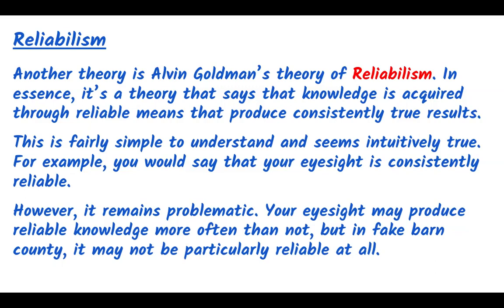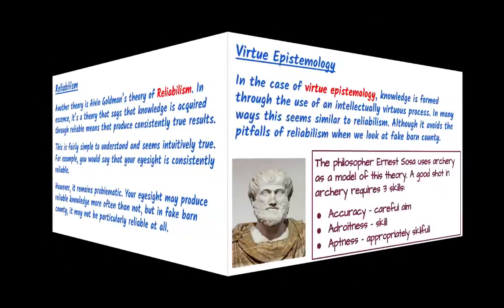You use your eyesight all the time. When you're walking across roads, you're using your eyesight to judge the speed of cars, etc. However, it does remain problematic. Your eyesight may produce reliable knowledge more often than not, but in Fake Barn County, it may not be particularly reliable at all. You may be identifying fake barns as real barns, for example.